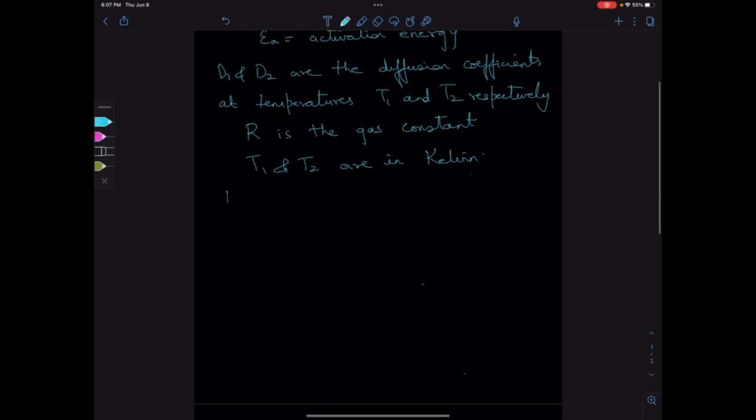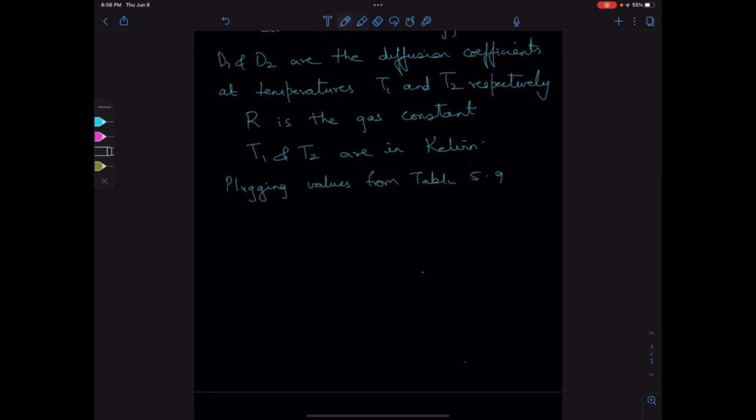Plugging in the values from table 5.9, D1 is 2.4 times 10 to the negative 14 centimeters squared per second, and D2 is 1.4 times 10 to the negative 13 centimeters squared per second.